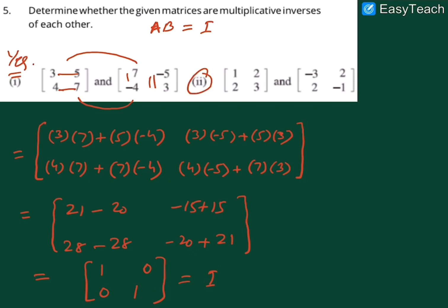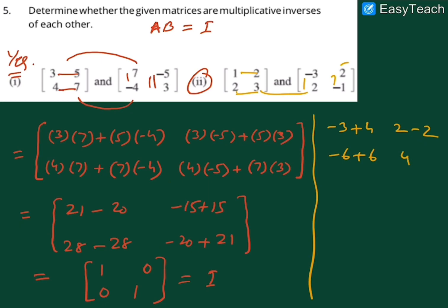Let's check part 2. Multiply first row with first column. So 1 into minus 3 you will get minus 3, 2 times 2 is 4, 1 times 2 is 2, 2 times minus 1 is minus 2. Again second row, 2 times 3 is minus 6, 3 times 2 is plus 6, 2 times 2 is 4, minus 3 times minus 1 is minus 3.